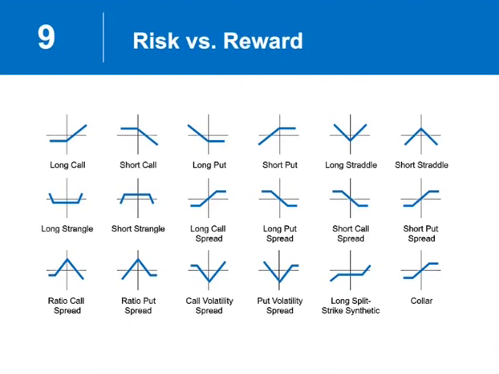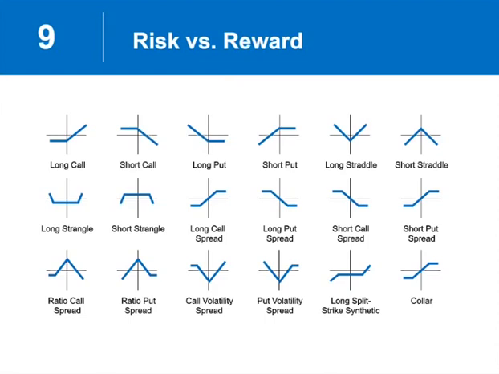Same thing with the ratio put spread. You can see the difference. The downside is where the risk is here, because we're net short puts. And if the stock were to tank, those net short puts would come back to hurt us in a big way. The call volatility and the put volatility spreads, you can see on the call side, you make money to the upside.